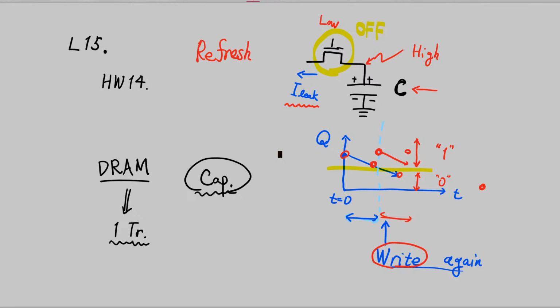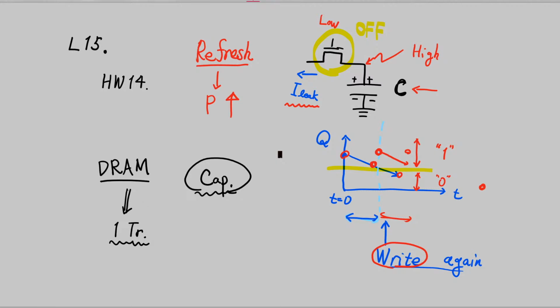We refresh our device, and if we have to do this refresh job again and again too frequently, then it is directly related to the increase of our power consumption, because in order to write something, you have to spend a lot of energy to write this bit.